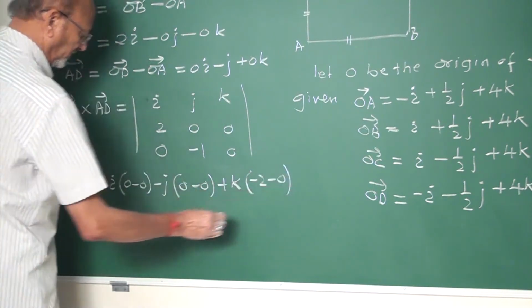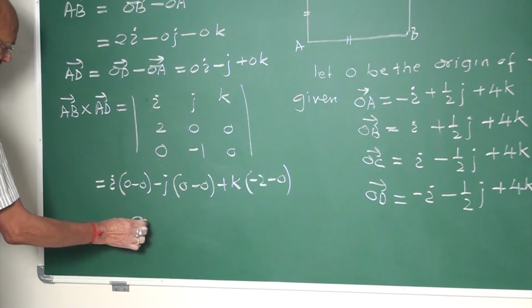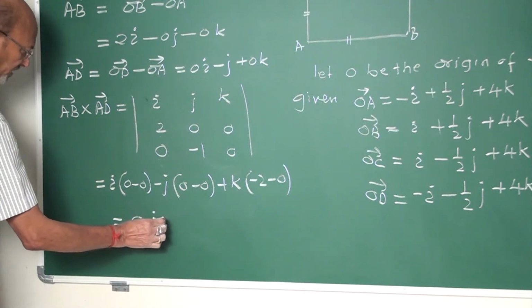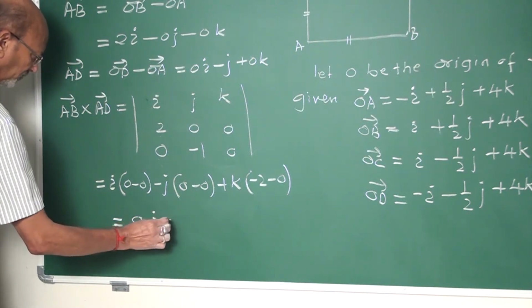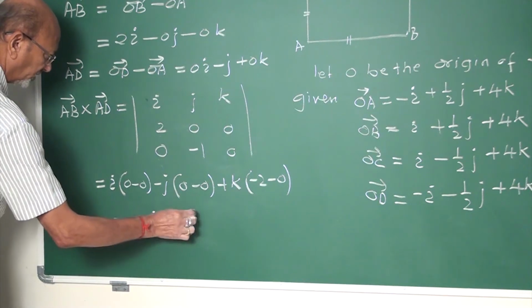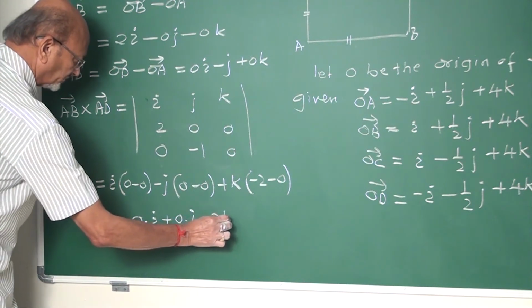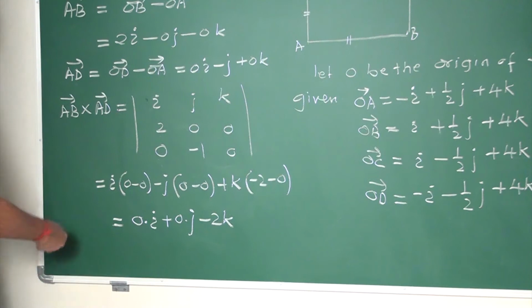My friends, this is 0i plus 0j minus 2k. Then you have to take its magnitude.